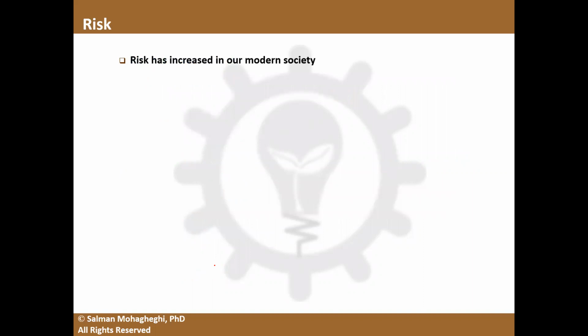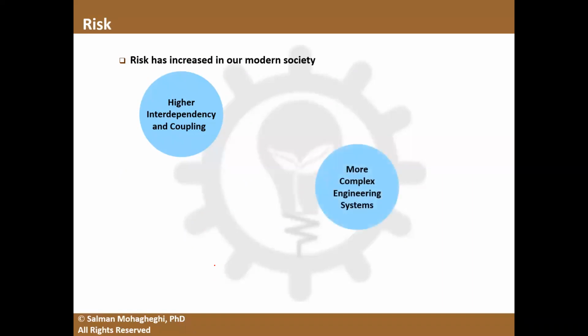Risk has become a very, very important part of our modern engineering systems, and there are a lot of reasons for it. Our modern systems are becoming more complex and consist of subsystems that are highly interdependent and coupled. And if one thing goes wrong with one part of the system, every other subsystem might be affected by it.